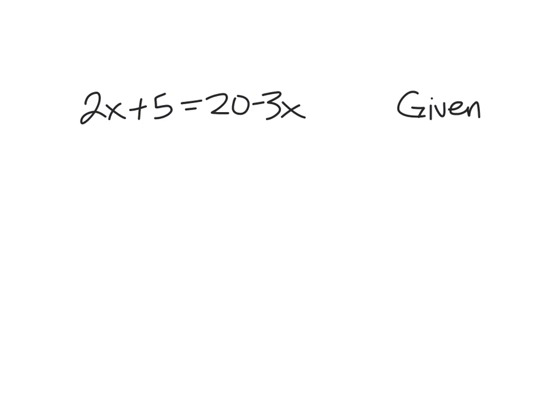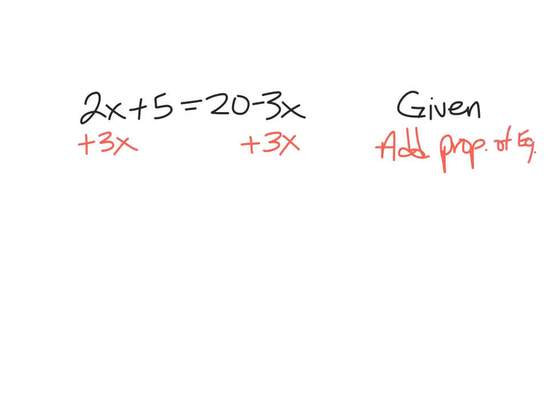What would be the first thing we're going to do to solve for x here? Let's move that 3x. So we're going to add 3x here and add 3x here. This is called what? Look at those properties. What did we do? Yep, we did the addition property of equality.